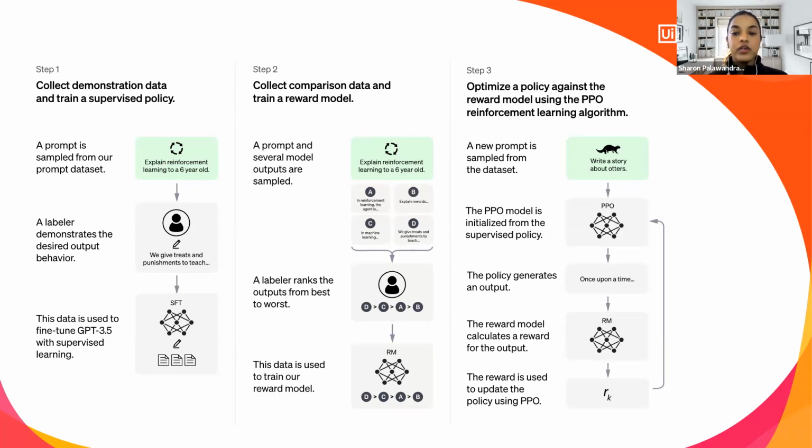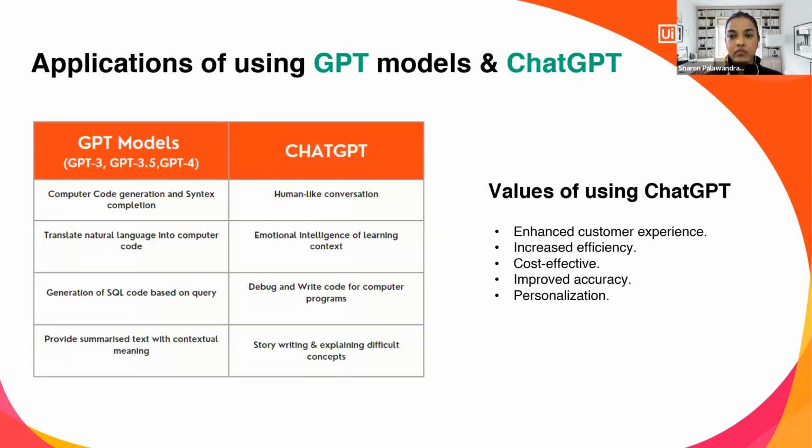The human in the loop comes into play, and we can fine-tune the model and iterate that model over time. This is one of the benefits of using any GPT model, not just ChatGPT: you can train it over time and you have that fine-tuning capability. Okay. So what are the applications of ChatGPT?